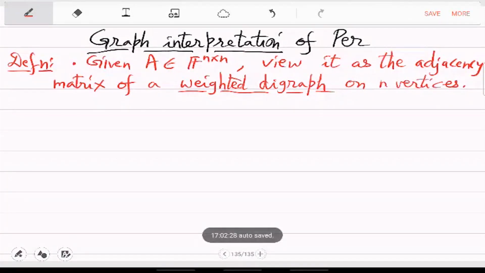Where are the weights? The weights are on the edges. And the diagonal entries you can think of as loops, weighted loops on the vertices. Think of it as an edge weighted digraph. Let me draw it.